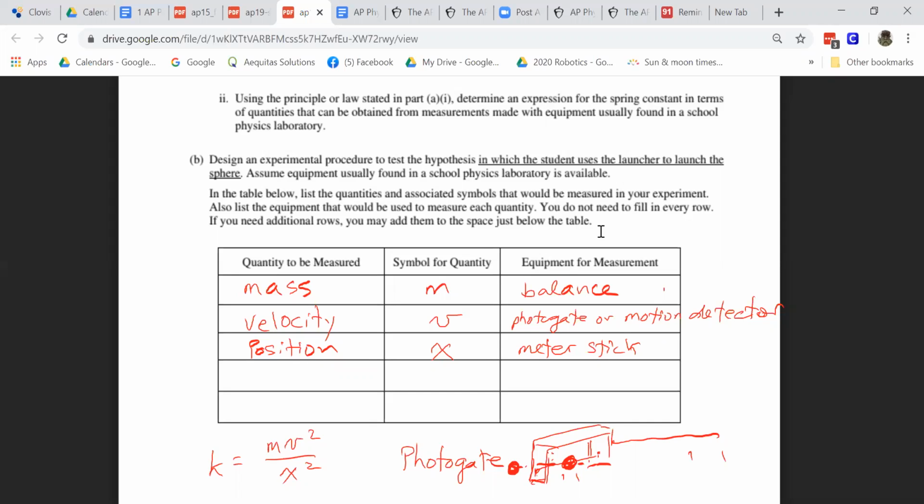Now a motion detector, let me explain how that works. Let me redraw that. So here's the ball coming out, and you have a motion detector.